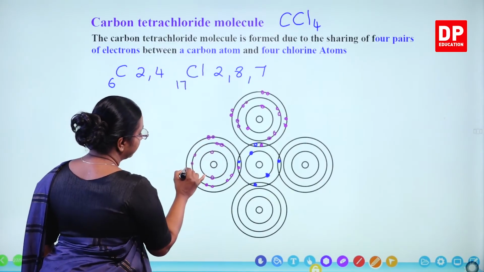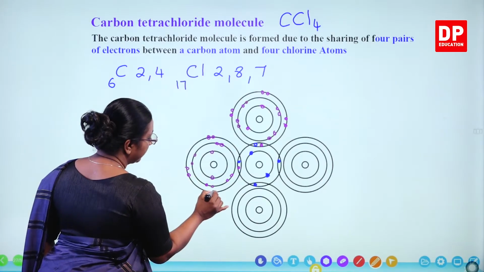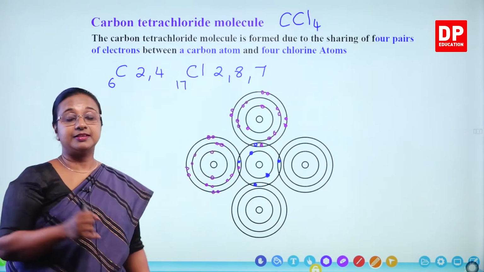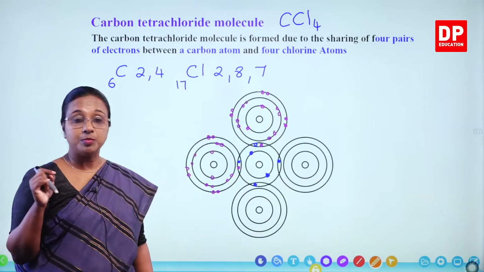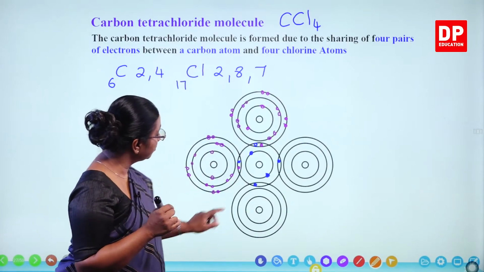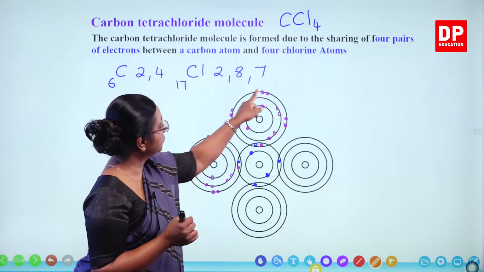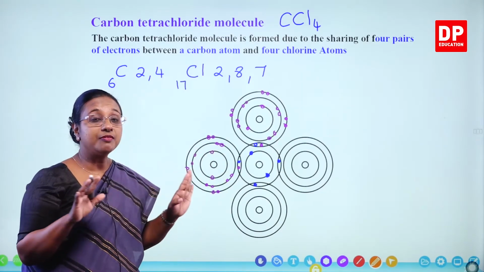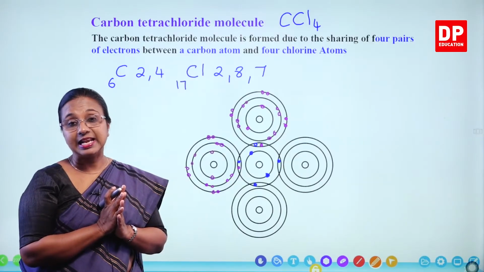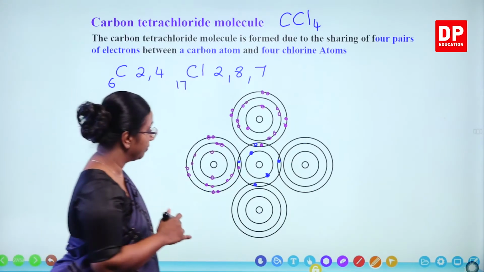So you have 3 pairs of electrons or 6 electrons that are not involved in bonding. So if you count the total number, 2 here, 4, 6, 8. 2, 4, 6, 8. So all of them have complete energy level similar to the noble gas.